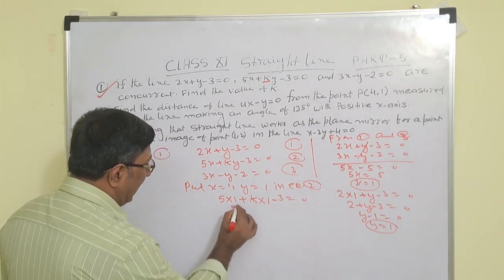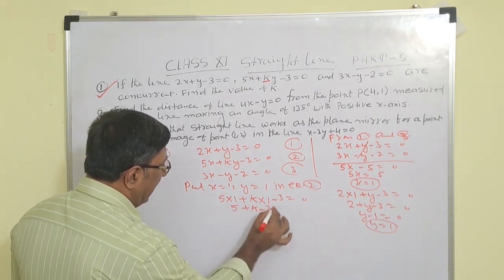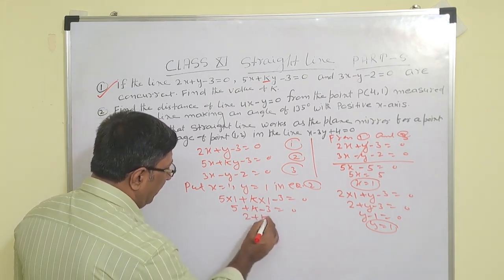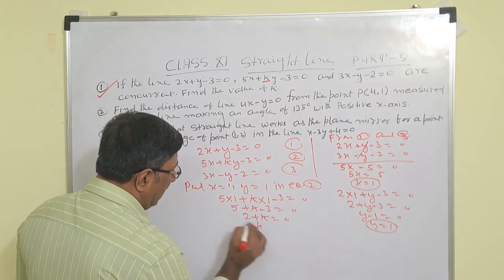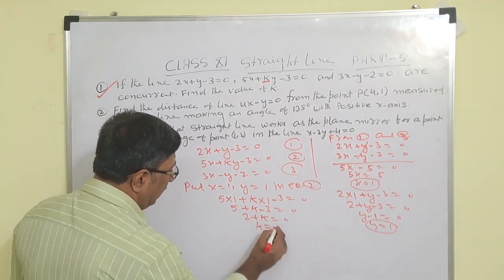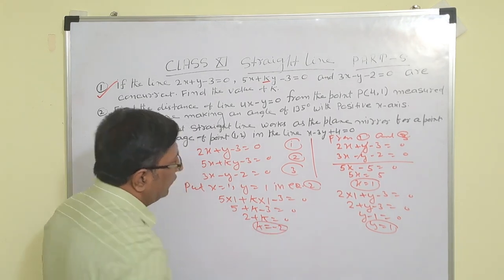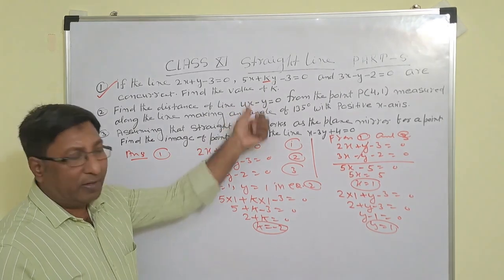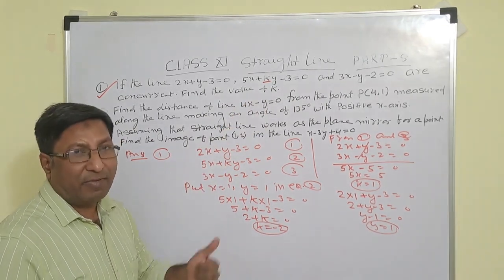So 5 plus k minus 3 is 0, 5 minus 3 is 2, so 2 plus k equal to 0. So k equal to minus 2. We have to find the value of k, so our correct answer is minus 2.